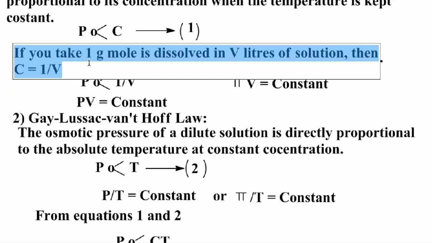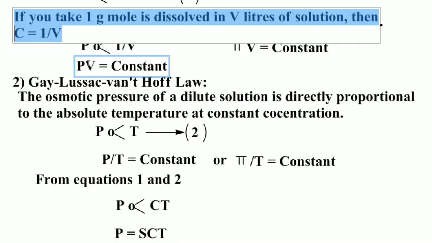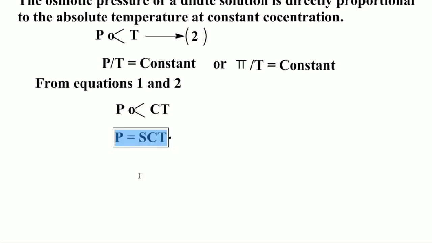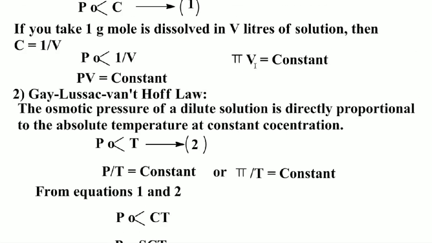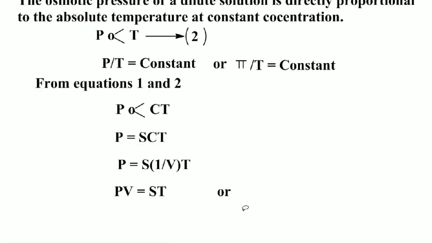Therefore, P is equal to S into 1 by V into T, that implies PV is equal to ST, or pi V is equal to ST, where pi is the osmotic pressure.